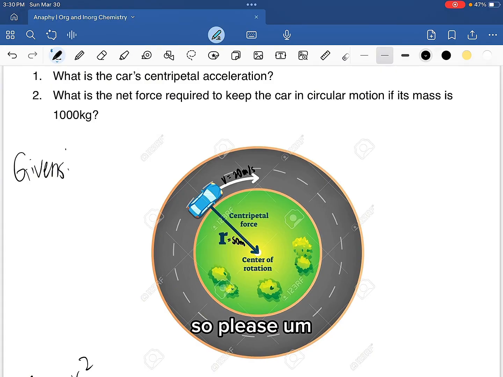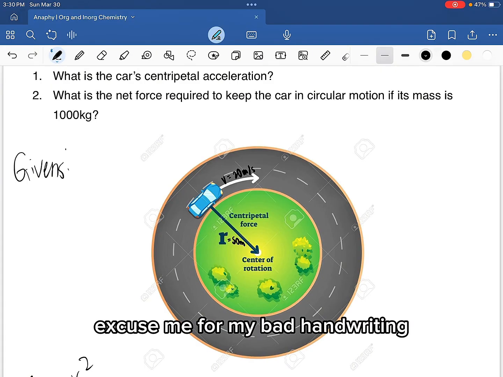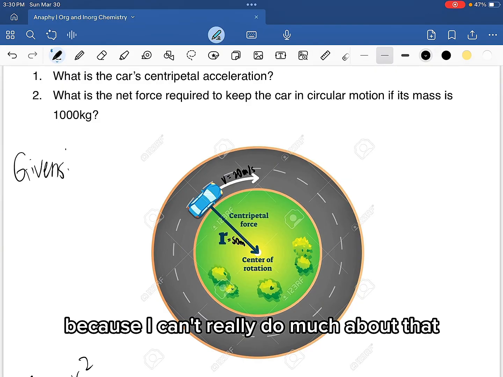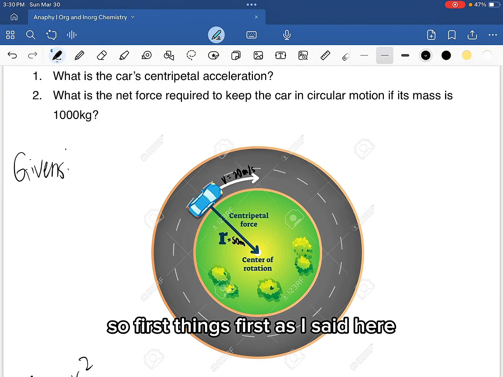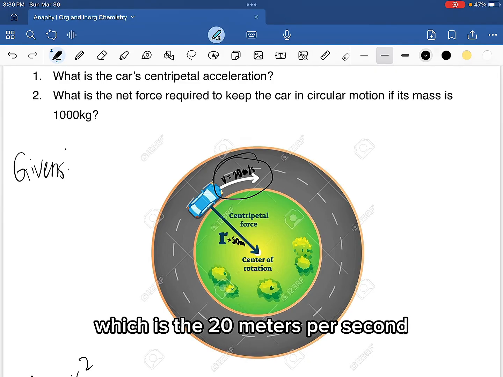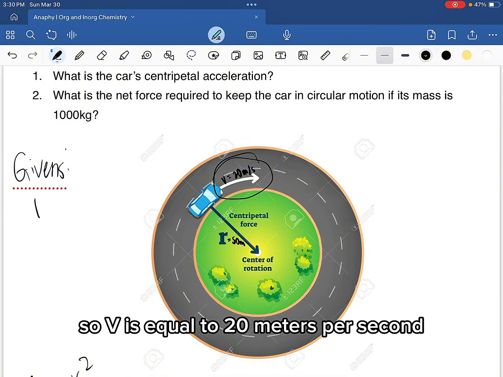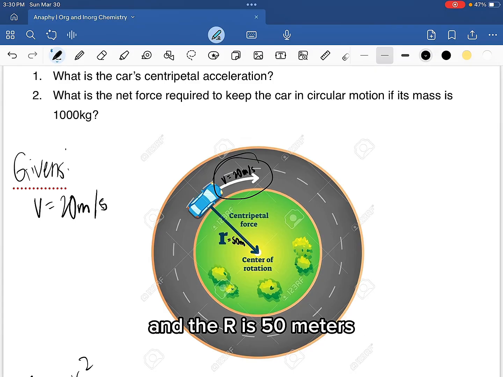Please excuse me for my bad handwriting because I can't really do much about that. So first, as I said here, it's the velocity, which is 20 meters per second. Givens: V is equal to 20 meters per second and R is 50 meters.